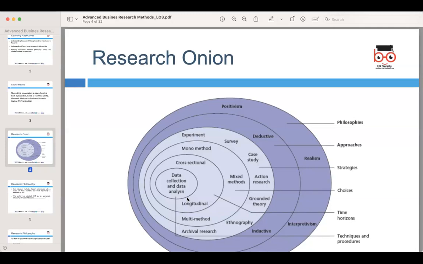Just like an onion has multiple layers, research also involves several stages or layers that we need to peel back. By understanding these layers, we can conduct effective and reliable research. Research onion in a nutshell: by peeling back each layer, researchers can conduct rigorous and well-structured studies.